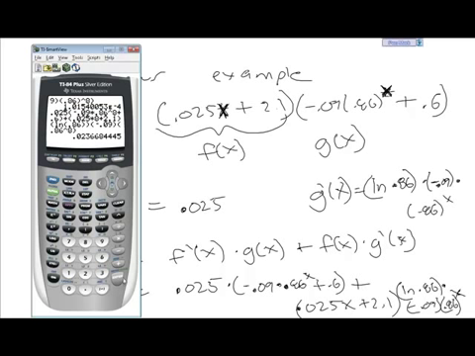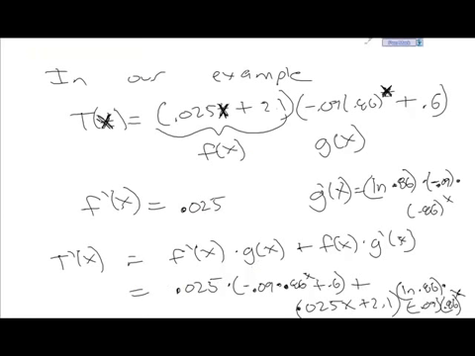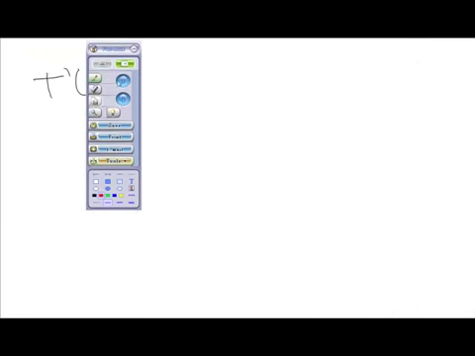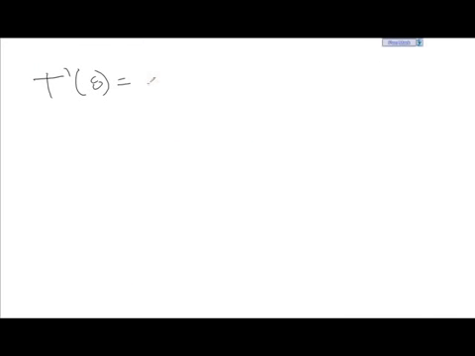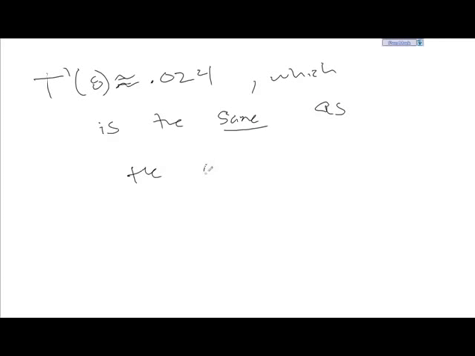And check that out. We get out of this function the same thing that we got by doing it the old-fashioned way, well, roughly with some rounding error. So we get t prime of 8 is approximately equal to 0.024, which is the same as the old-fashioned output.